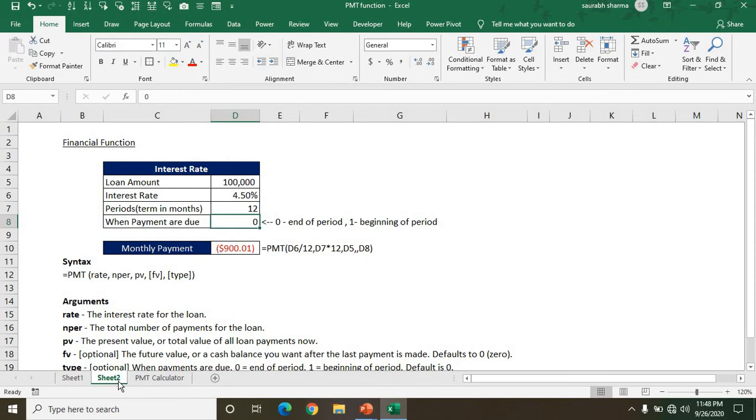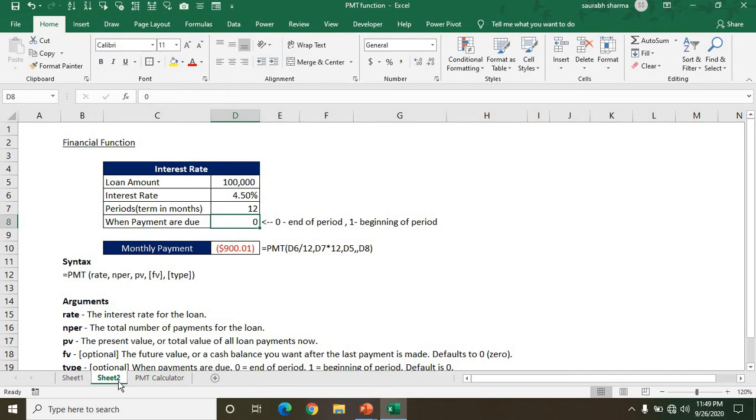The beginning of the period is dates 1, 2, 3, 4, 5, 6 of every month, and the end of the period is dates like 24, 25, 26, 28, 29 and 30. If you select when payments are due, by default it is the end of period, because if you calculate with the end of period, your interest will be higher.